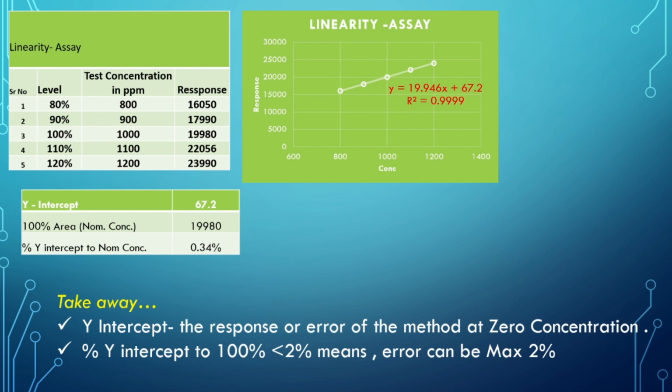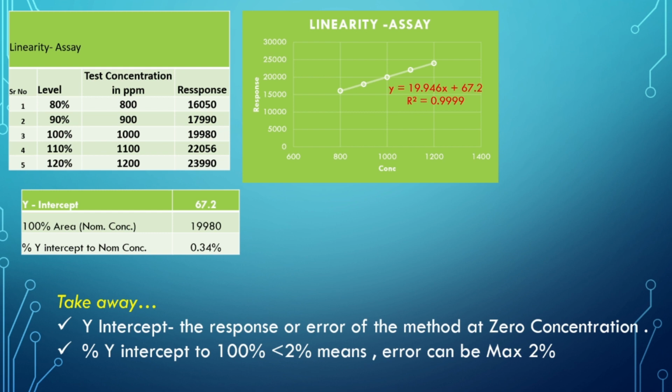So we are keeping a criterion of 2% at 0%, which means when nothing is there in your sample test matrix and you are putting only a diluent or a blank, there is a possibility of a maximum error of 2%. In this case I'm getting 0.34 because the y-intercept is 67.2 and my 100% area response is 19980.